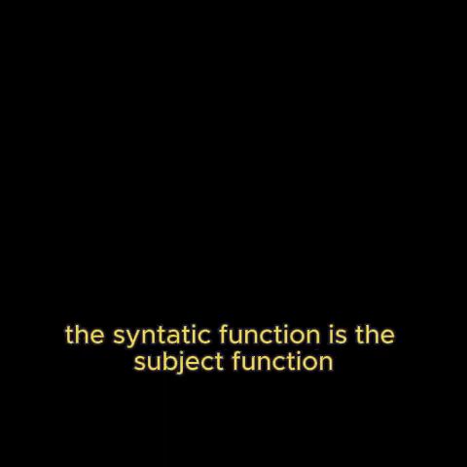It has a meaning, which is doing the action of driving. The boy, same thing. Both the man and the boy convey two functions: a syntactic function and a semantic function. The syntactic function is the subject function, and the semantic function is the agent function. Okay?